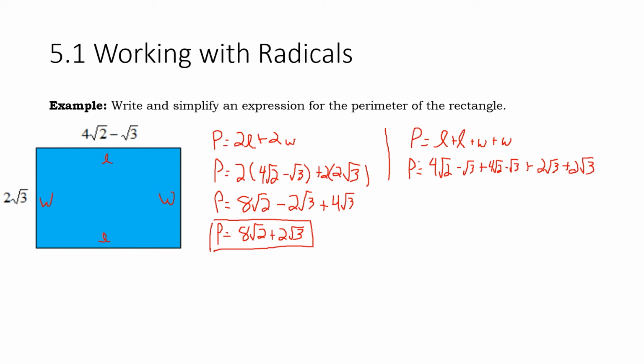And then we can combine them all together. So 4 root 2's, 4 root 2's, that's 8 root 2's. Minus 1, minus 2 root 3's, plus 2, we're at 0, plus 2 at the end is 2 root 3's. They get you to the same answer. And of course, it's the same equation.